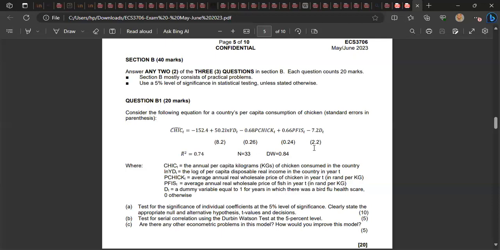And then again, to get to a reasonable conclusion, we also want to check the expected signs, right? So what is CHIC here, our dependent variable? The annual per capita kilograms of chicken consumed in a country. And then it's the log per capita of disposable real income. So what relationship would you expect there?